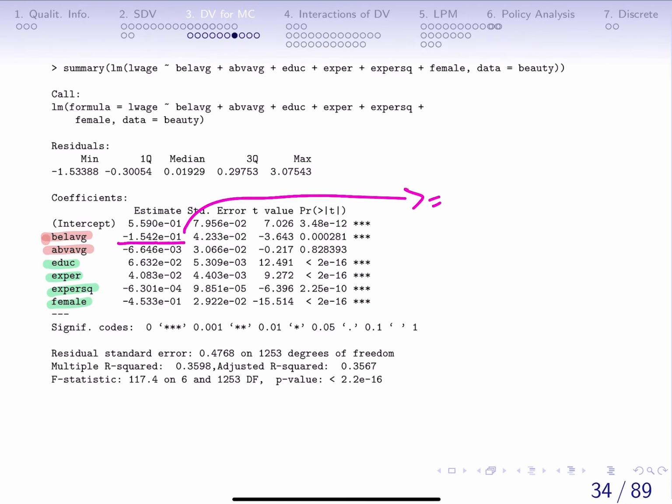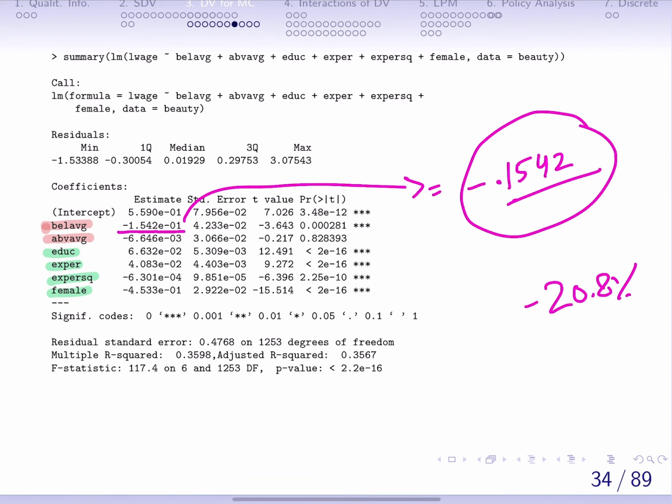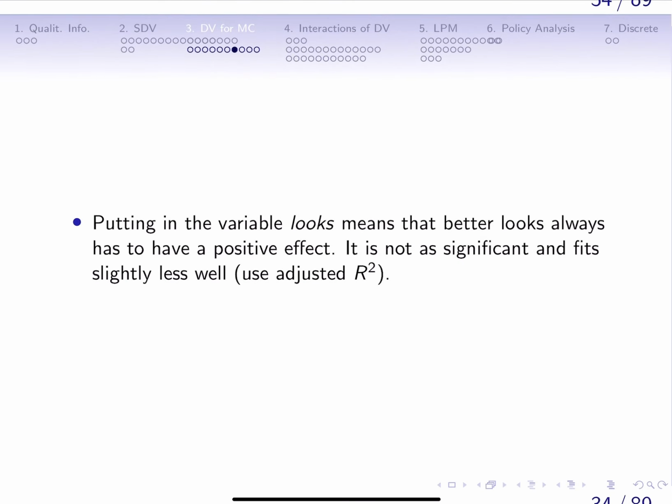Since this is 1, I'm going to only move it over. So this is basically saying that people who are below average looks make 15.4% less than people who have average looks, ceteris paribus. And this is less than the 20.8% that we were getting before when we didn't control for other variables.